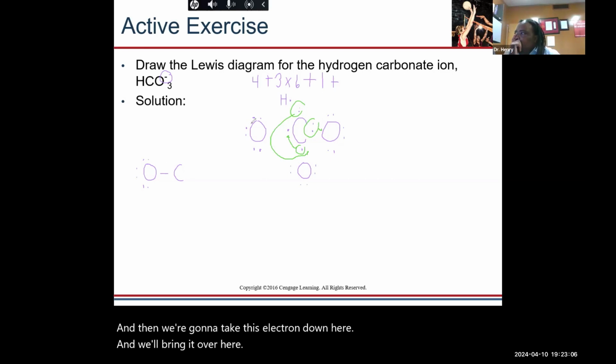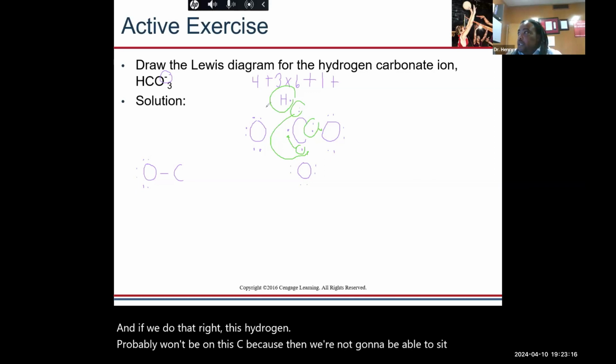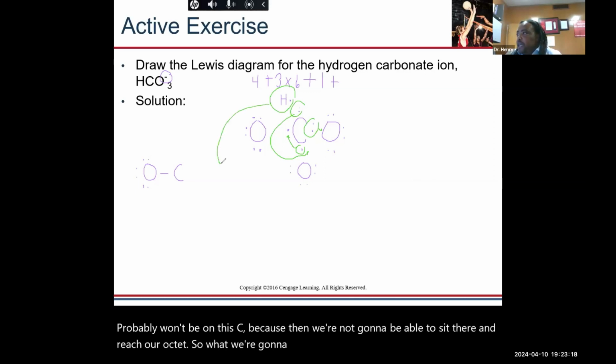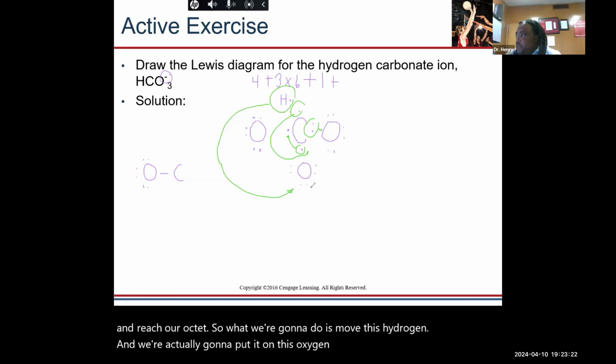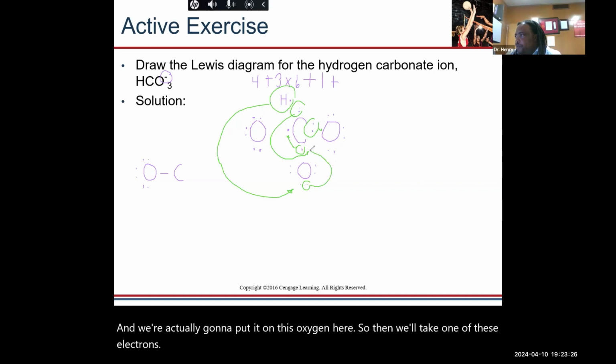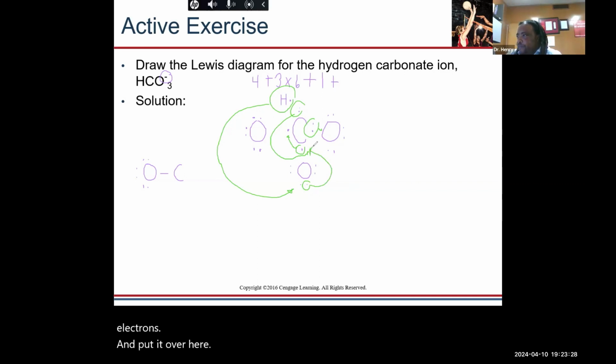Okay, so, and if we do that, right, this hydrogen probably won't be on this C because then we're not going to be able to sit there and reach our octet. So what we're going to do is move this hydrogen and we're actually going to put it on this oxygen here. So then we'll take one of these electrons and put it over here. Okay. So let's see if we can make this mess look a little bit more presentable.